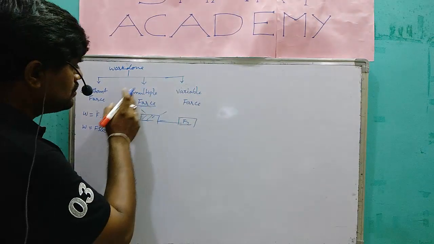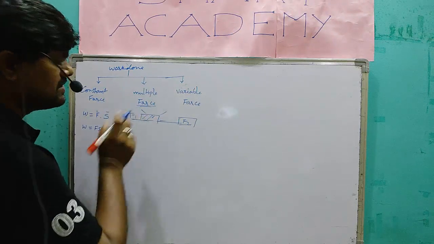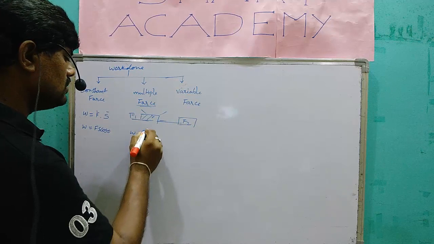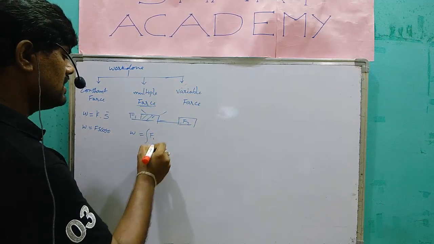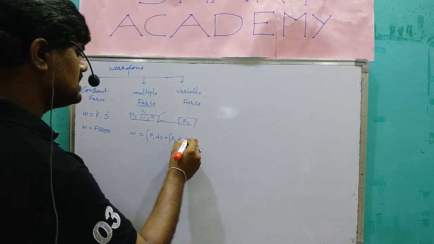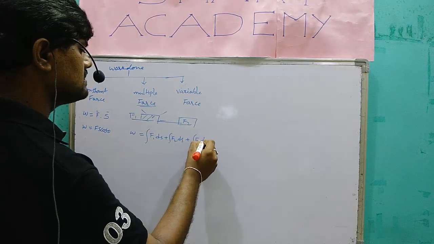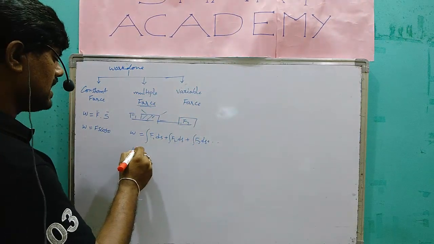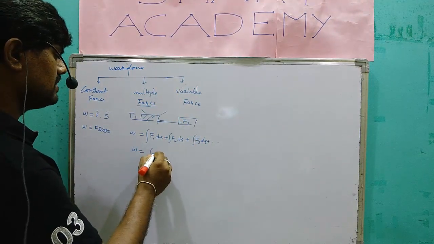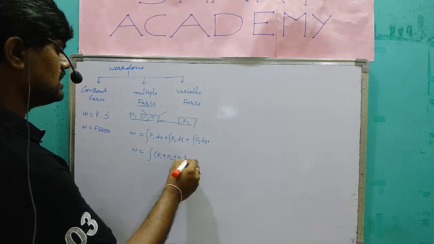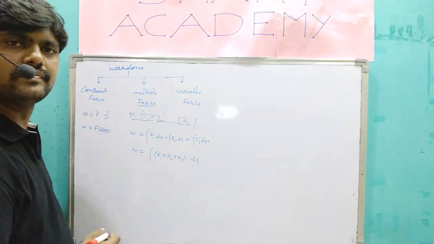Okay. So due to these multiple forces acting on the same body, that can be written as W equal to integration of F1 ds plus integration of F2 ds plus integration of F3 ds and so on. These are all simplified like this: integration of F1 plus F2 plus F3 dot ds.